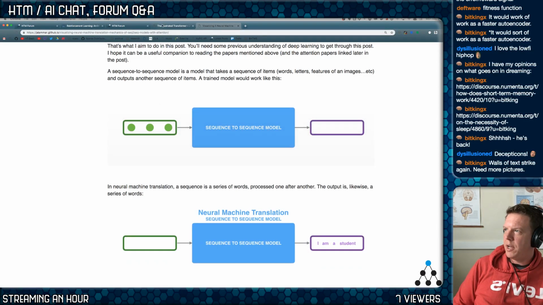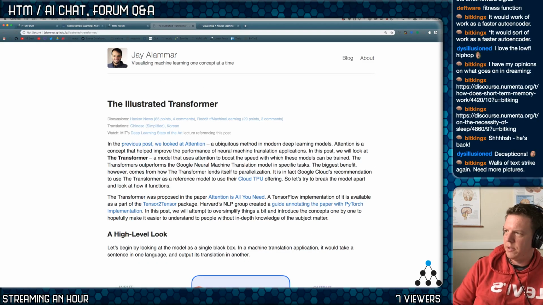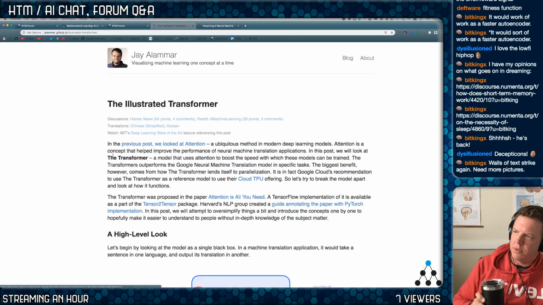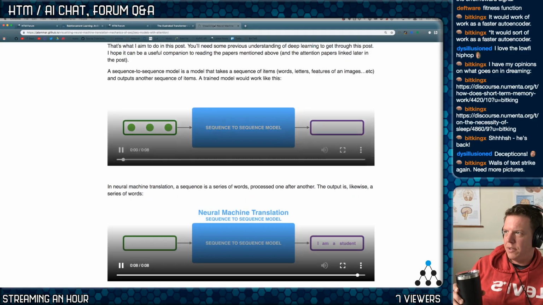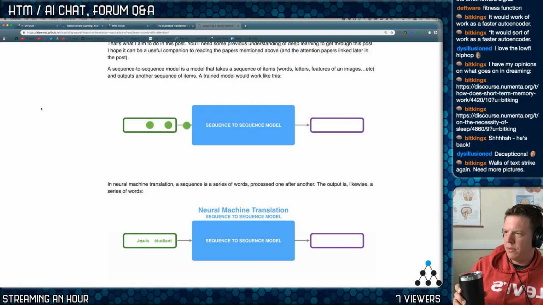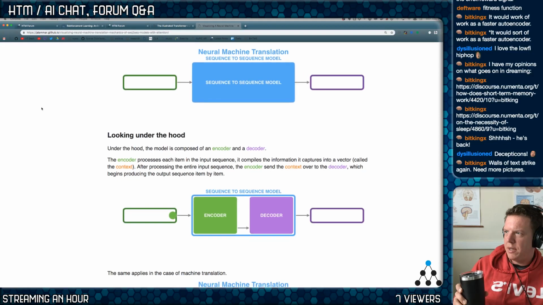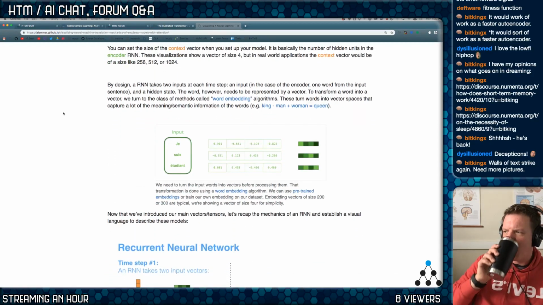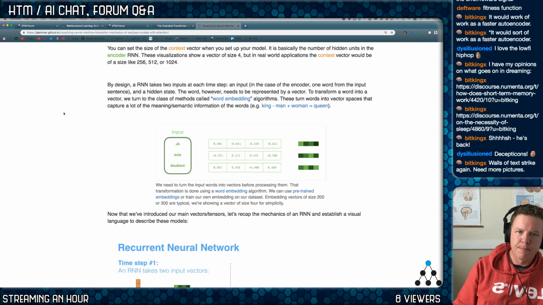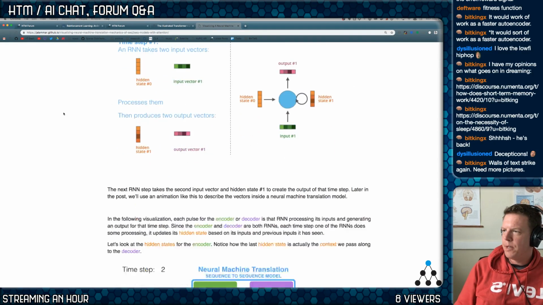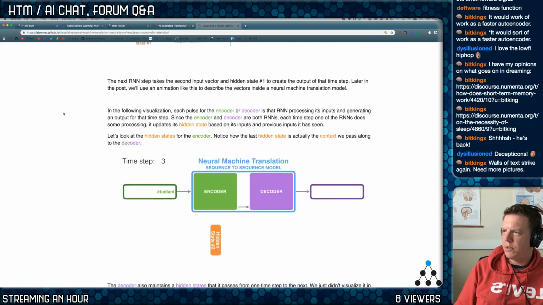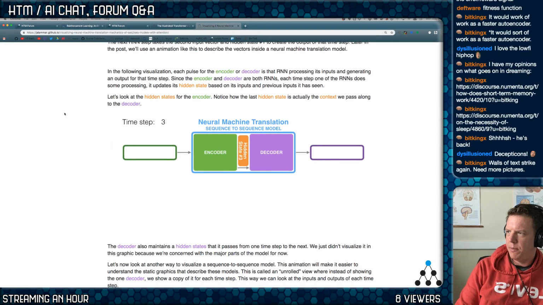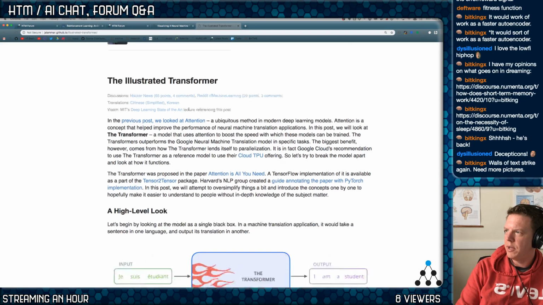I wanted to understand how a transformer worked, and this said in the previous post, we looked at attention. And attention is like a mechanism, a neural training mechanism. I was trying to understand this over the weekend. So I was wondering if anybody had any experience with the idea of transformers and attention.